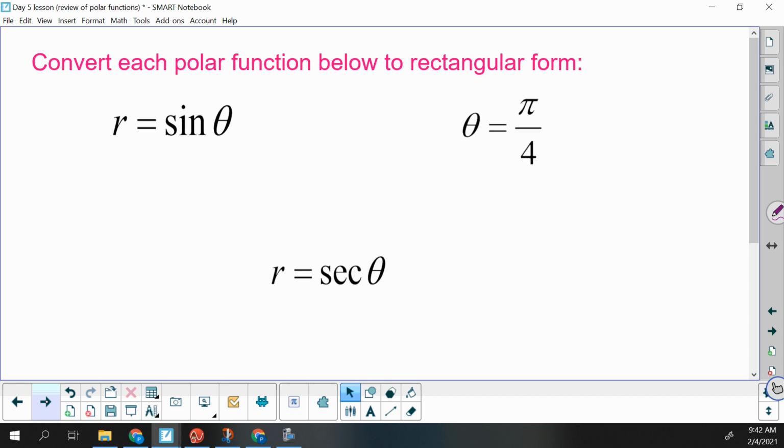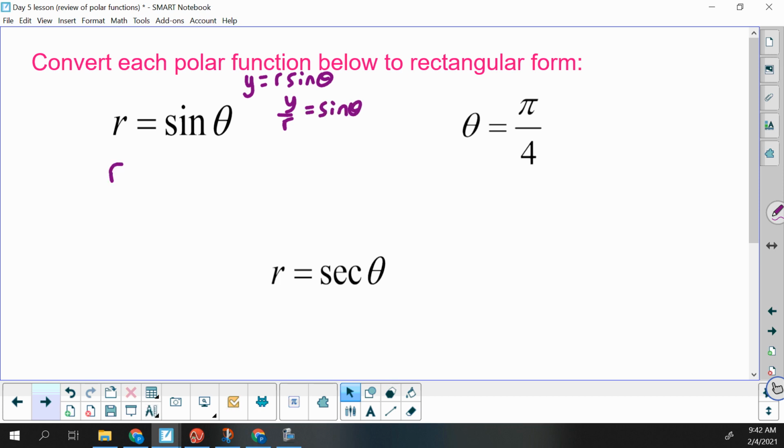And moving down to the bottom, we're going to go the reverse direction now. We're going to start in polar, and we want to do rectangular form. Well, sine theta, we know that y is equal to r sine theta. So we could get sine theta by itself and say y over r is equal to sine theta.